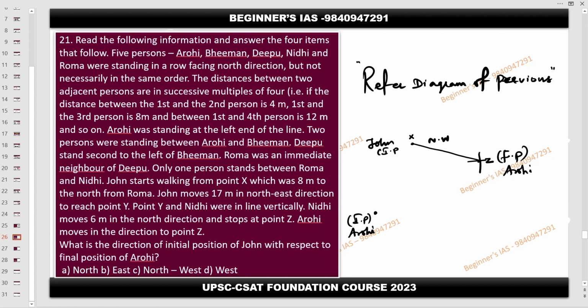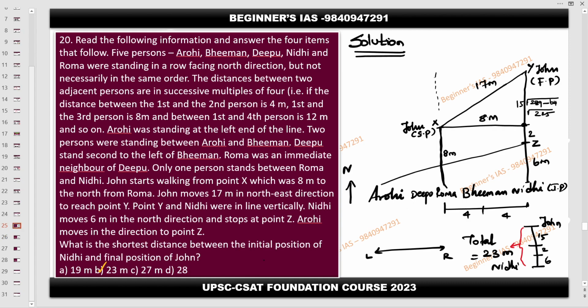North, west. Clear? This is nothing but west. This is nothing but north. This position is nothing but northwest. Answer is northwest. Anybody having a doubt? No? Clear, sir. Fine.